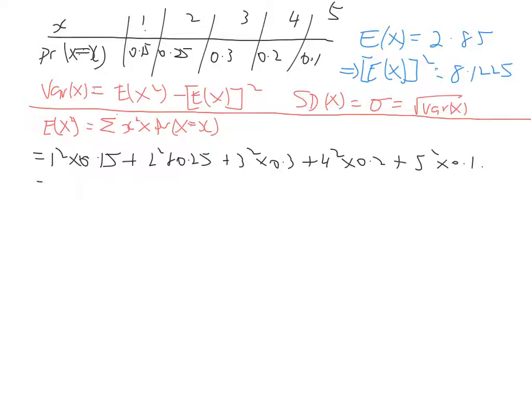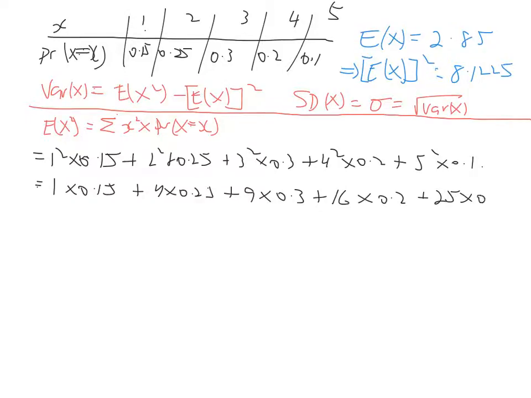Now, having done that, we are left with 1 times 0.15 plus 4 times 0.25 plus 9 times 0.3 plus 16 times 0.2 plus 25 times 0.1.